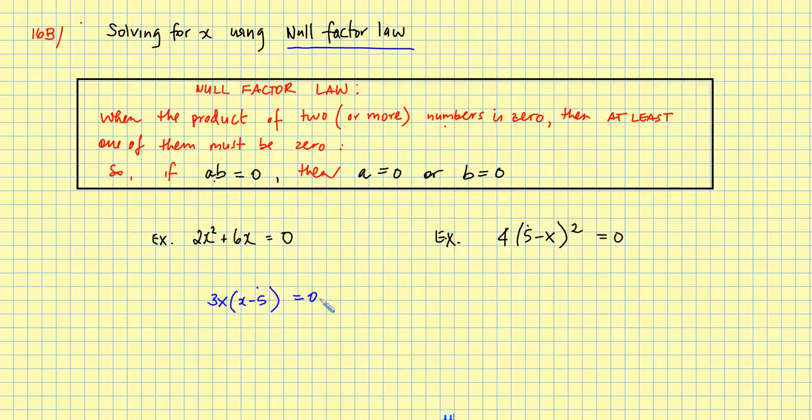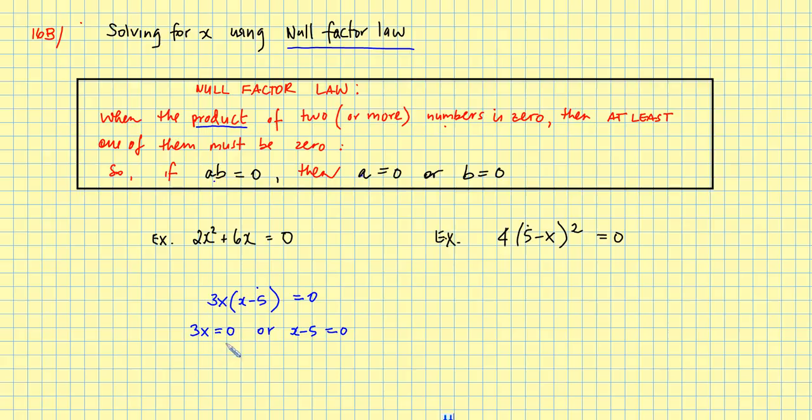All right, now if you notice, we've got 3x being multiplied to x minus 5. So what the null factor law says is that when I have the product of two or more terms or numbers, when the product is equal to 0, then at least one of them has to be equal to 0 as well. So I would have either 3x being equal to 0 or x minus 5 equaling 0.